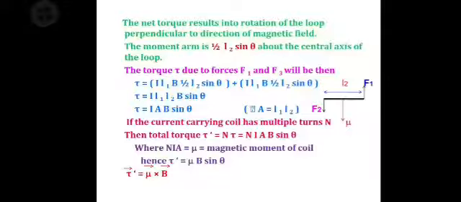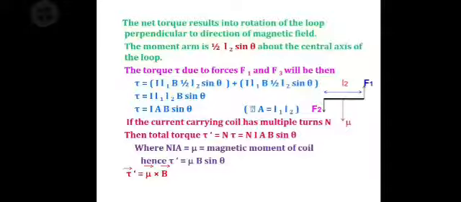So, the torque tau due to the forces F1 and F3 will be: tau is equal to F1 into the length plus F3 into the length, which is equal to I L1 B half L2 sine theta plus half L2 I L1 B sine theta.